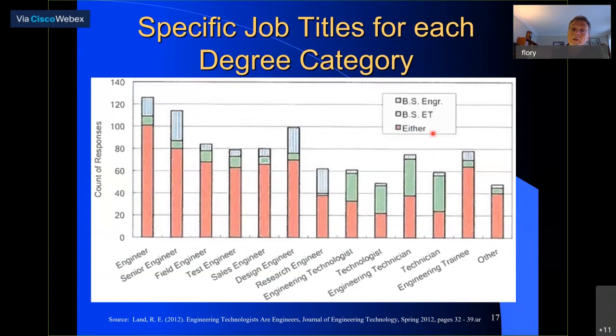All they know is that the persons they were speaking of had bachelor's degrees in engineering or engineering technology. So that's why we have either down here. But the point I'm trying to make is the engineering technologist can fill any of these roles at any given time.